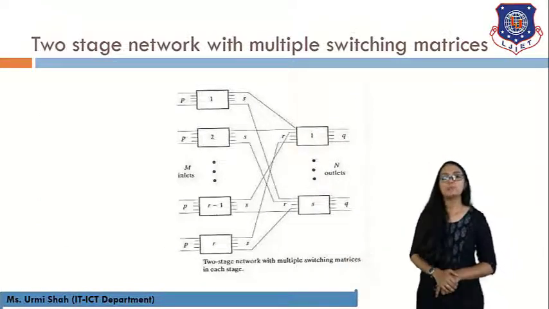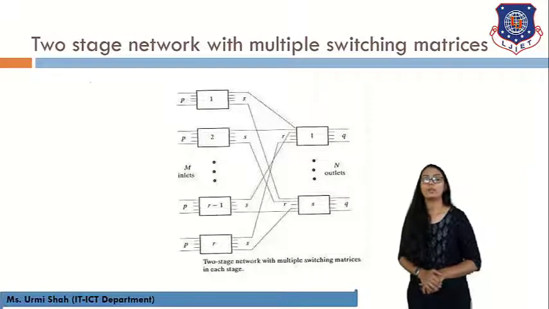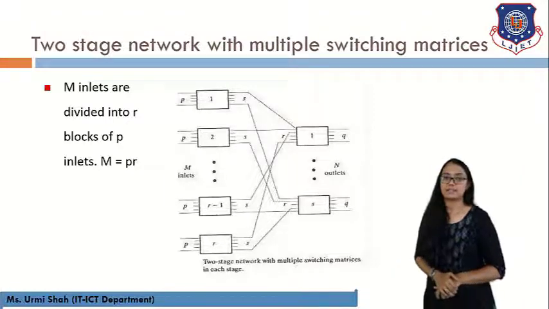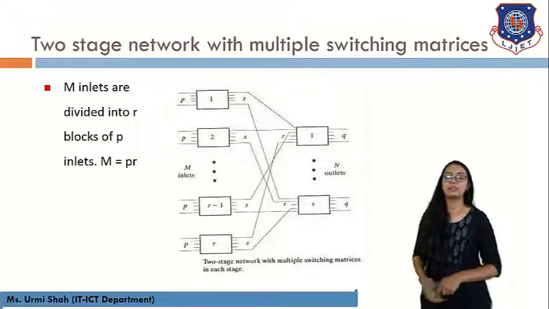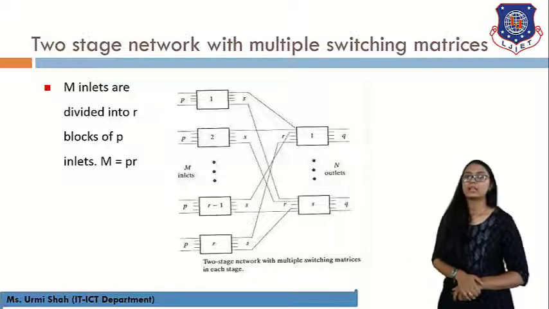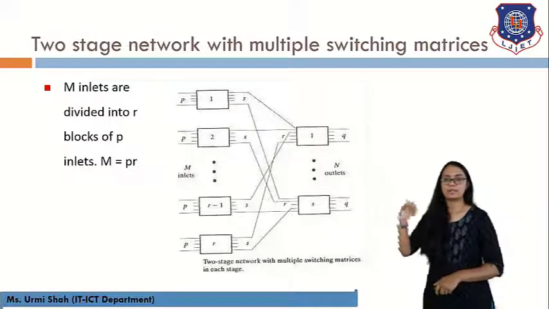So this is a two-stage network with multiple switching matrices. In the figure, you can see there are M inlets and a total of N outlets.